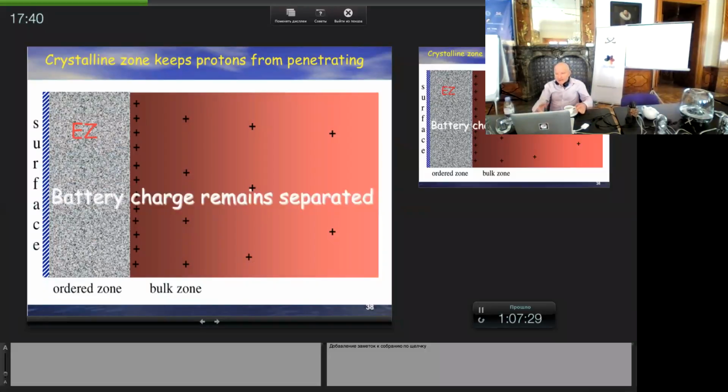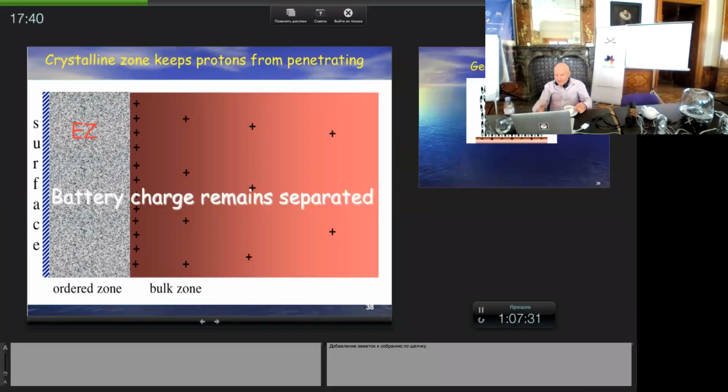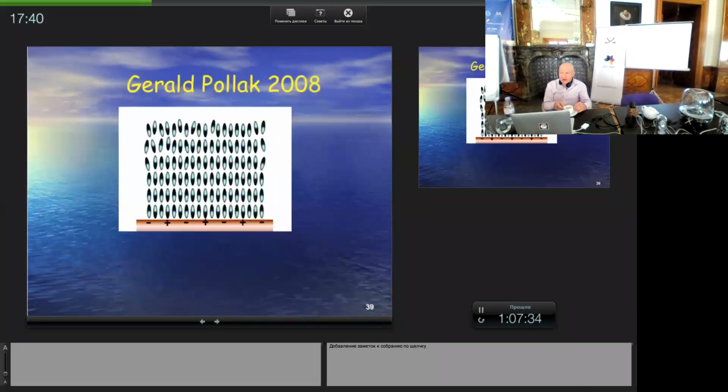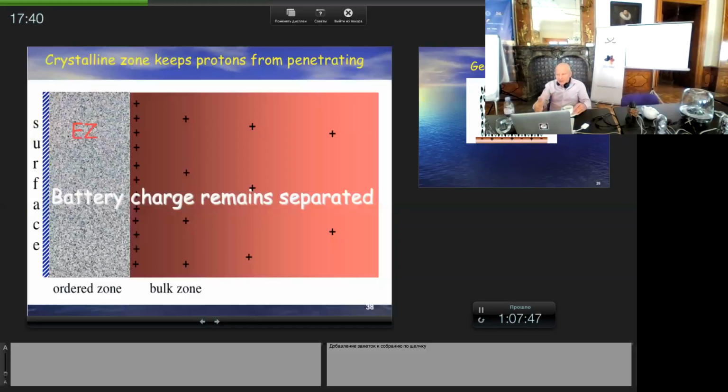So it is like a battery. And one more topic: nearby a surface, all water molecules are organized. He names this the exclusion zone, because this zone excludes positive charge. That's why it's named the exclusion zone.